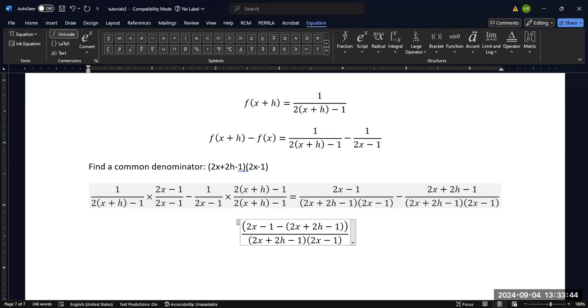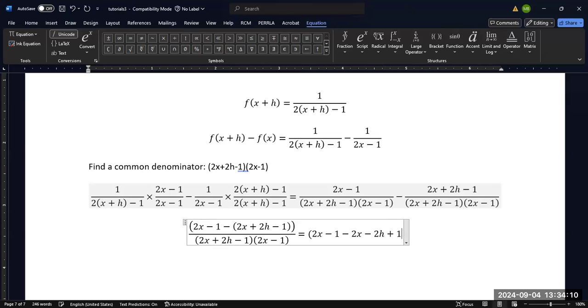So here's our common denominator. It's what we had for both of these denominators before. And our numerator, now we're taking this numerator and subtracting the other numerator, the whole thing. So we're going to have to distribute that minus sign. The numerator will become 2x minus 1 minus 2x minus 2h plus 1. And then our denominator.